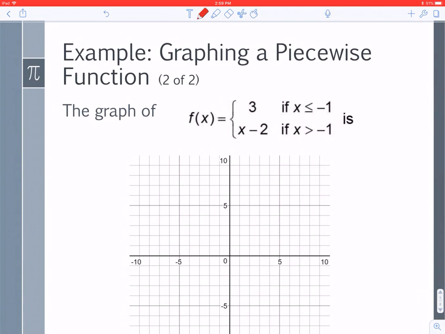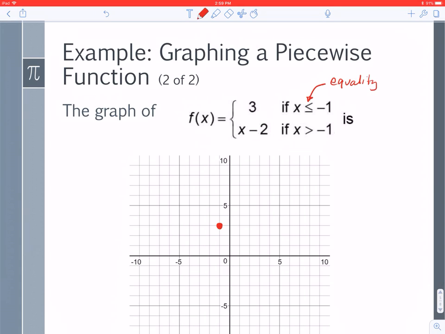Okay, so here's our coordinate plane. Let's plot those points. So at -1, the value of our function was 3. So -1, 3. And that is going to be a solid dot. And it's a solid dot because we have equality. And when we have equality, we include that point in the graph of our function.